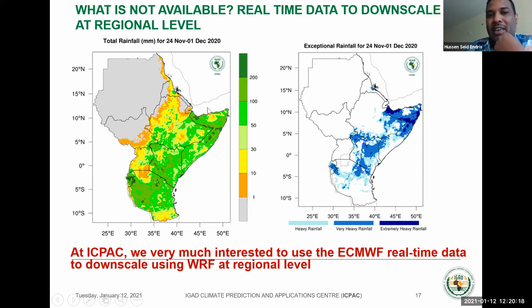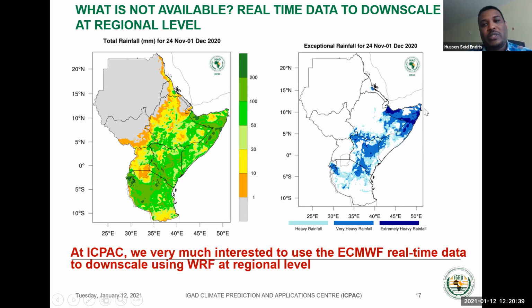This is an example, the total precipitation on the left and the extremes on the right. So it shows which areas are expected to receive very high rainfall, extreme heavy rainfall. This is a 99 percentile, this is a 95 percentile, and so on.